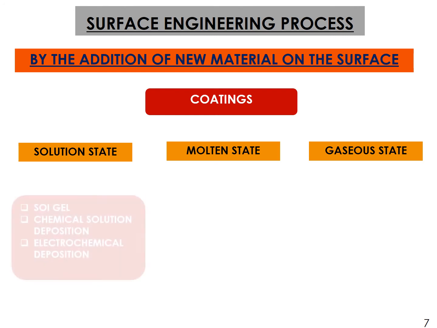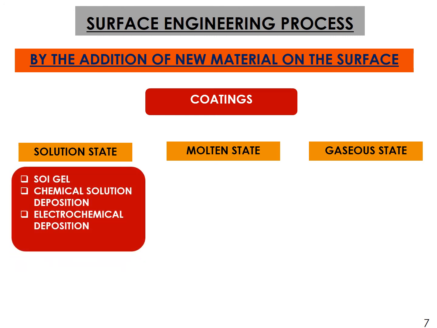Now under solution state, we have these processes. What is a solution? It is basically a homogeneous mixture of two or more materials. So under this process, we use aqueous solutions, and deposits are developed on metallic or on non-metallic substrates also.